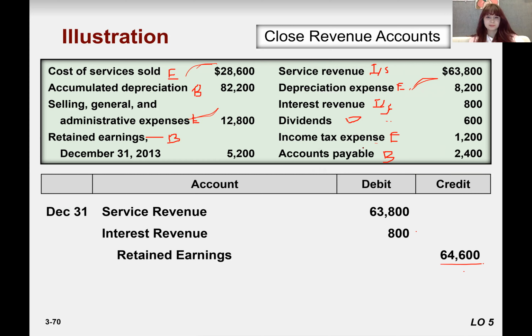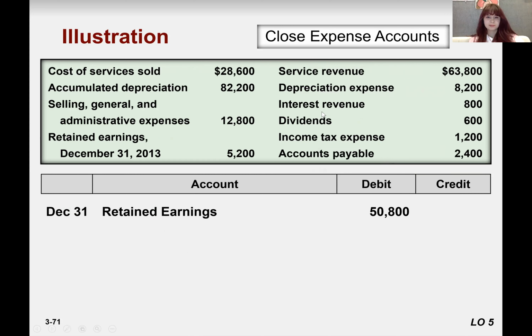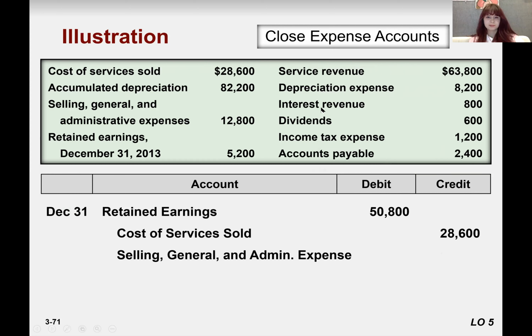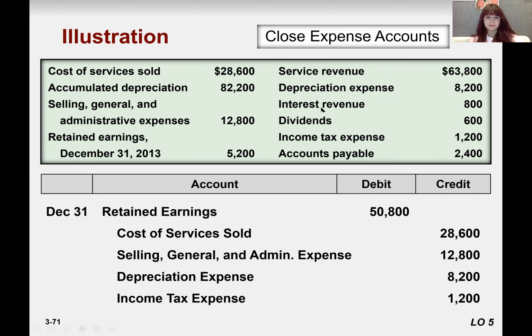So what is the entry? Because the natural balance for expenses is debit, we make it credit against retained earnings. So the entry would be retained earning to all the expenses here. Please compare your answer here, right?